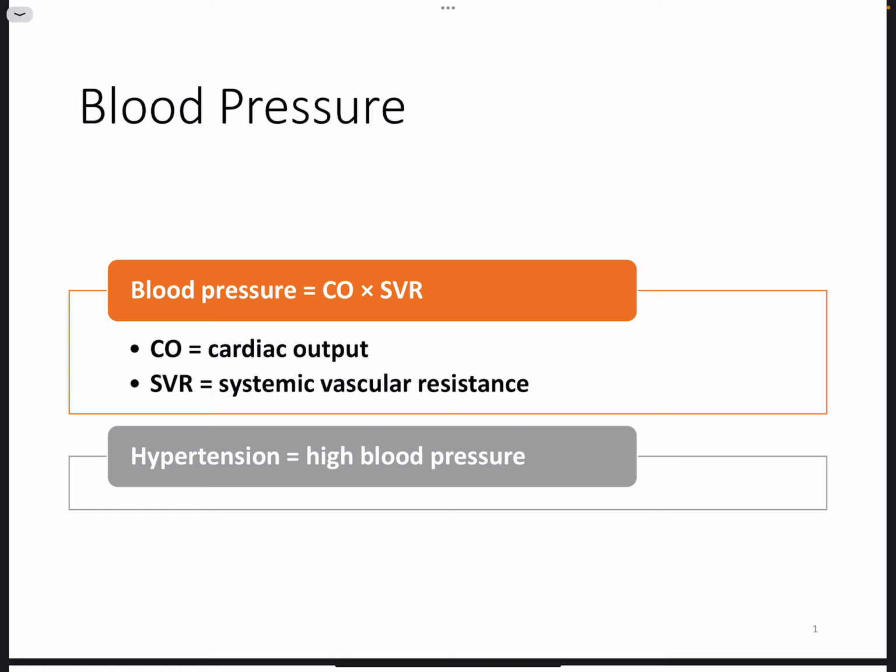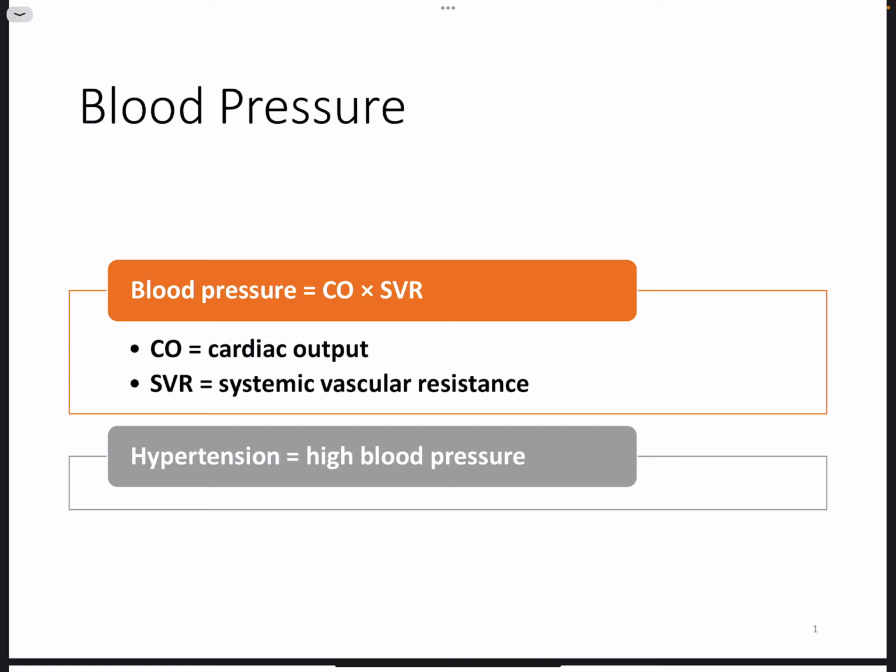If you find sometimes patients that it is 150 over 80 mmHg, is it normal or no? No. Why? The systolic is high. So what do we say? Who is good in physiology?